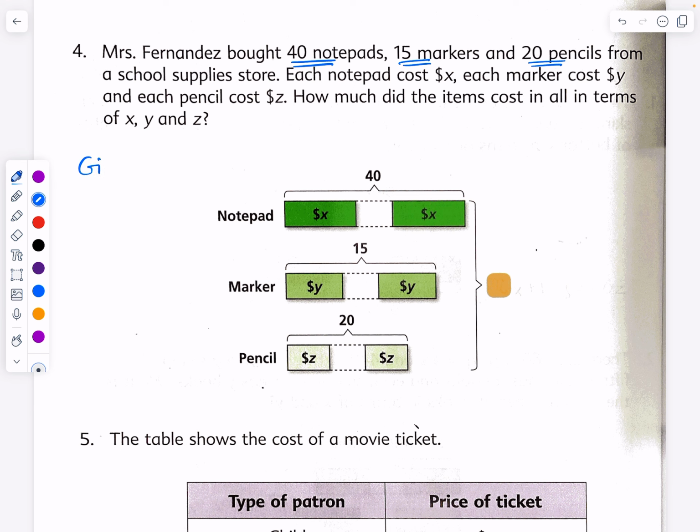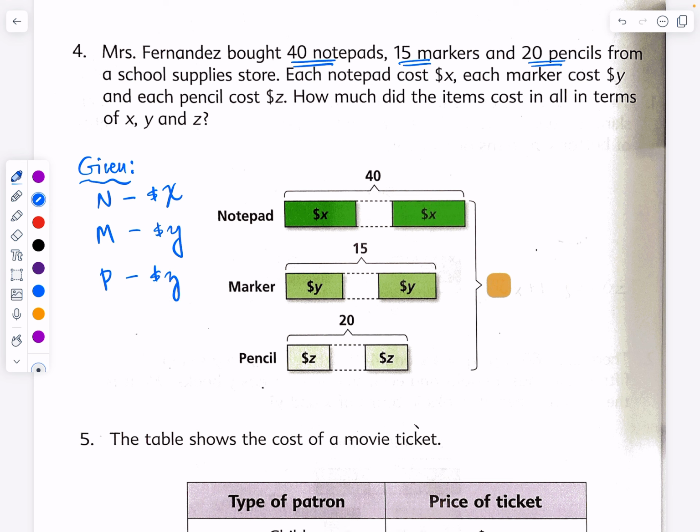Given: notepad, marker, and P for pencils. Notepad costs X dollars. Marker costs Y dollars. And each pencil costs Z dollars.